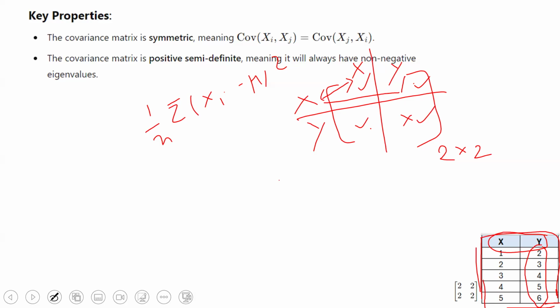Can you calculate the covariances and get the covariance matrix for that data: 1, 2, 2, 3, 3, 4.